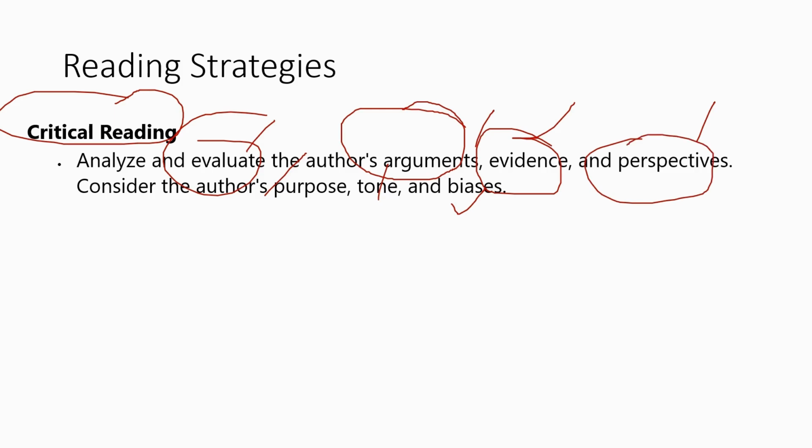And you try to understand from the author's point of view what kind of tone and words the author has used, and what message the writer wants to convey. So this is called critical reading.